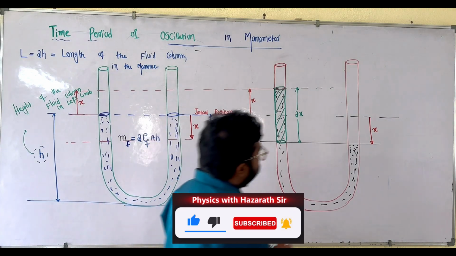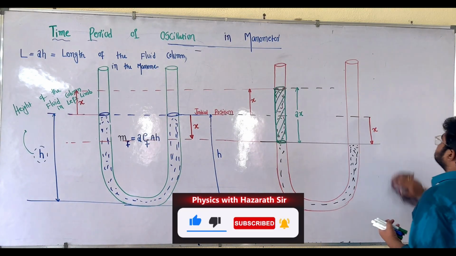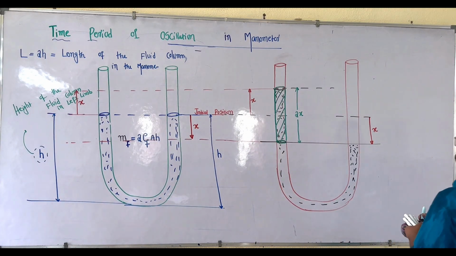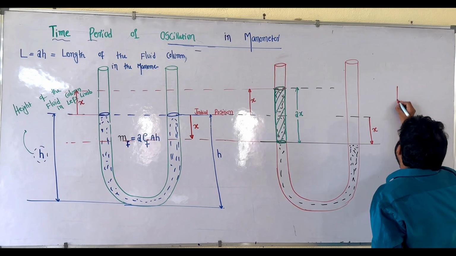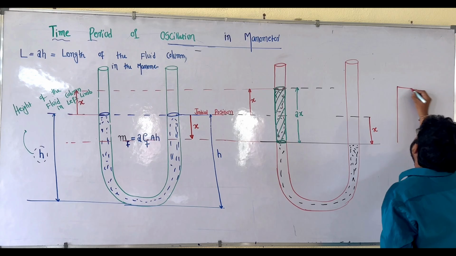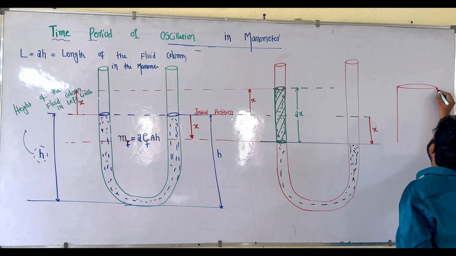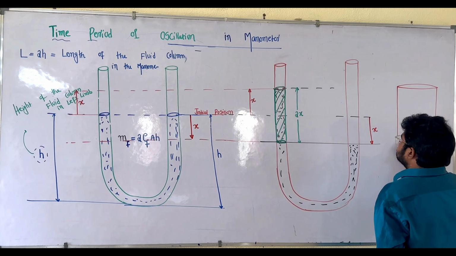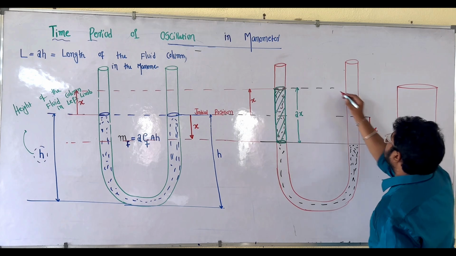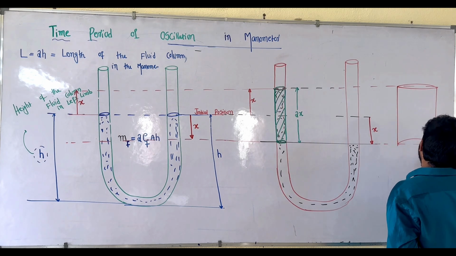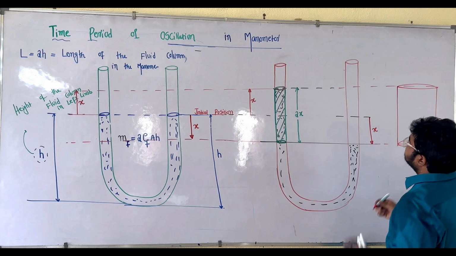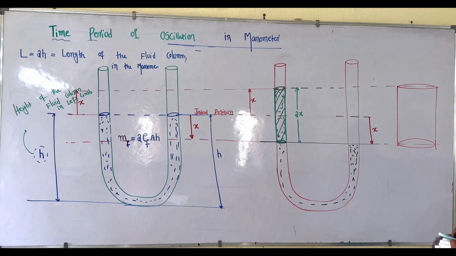Now we need to draw the free body diagram for this. We need to enlarge this part, here to here, 2x. So this is the mass of the fluid.